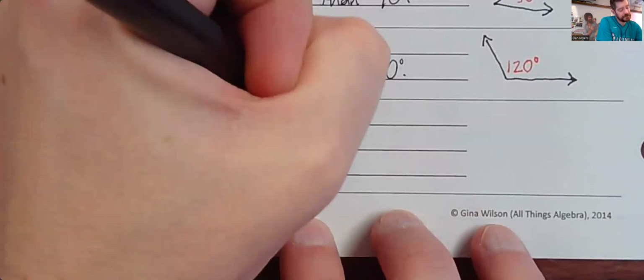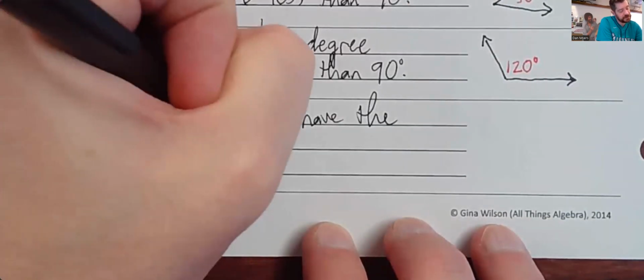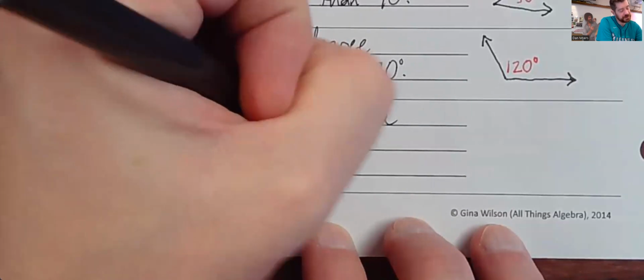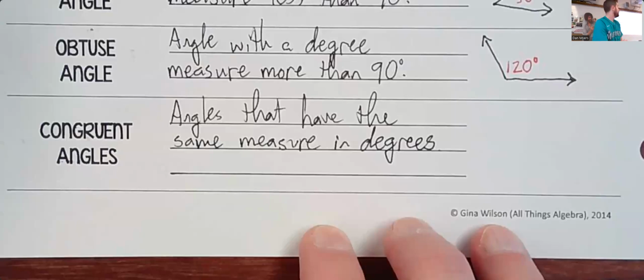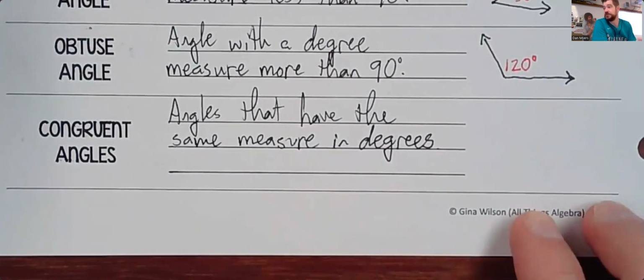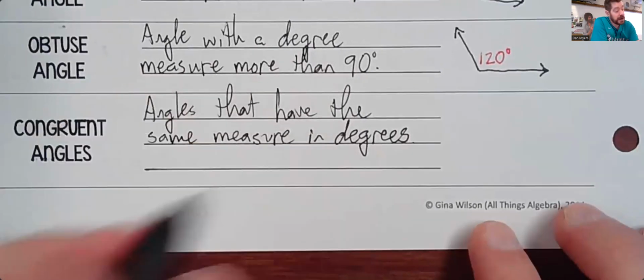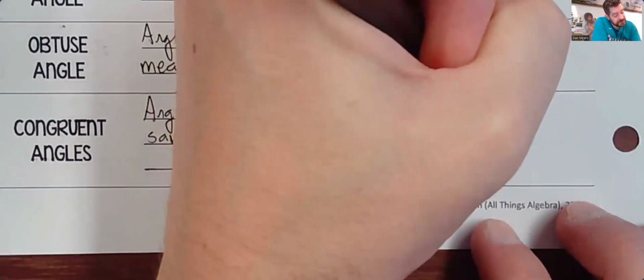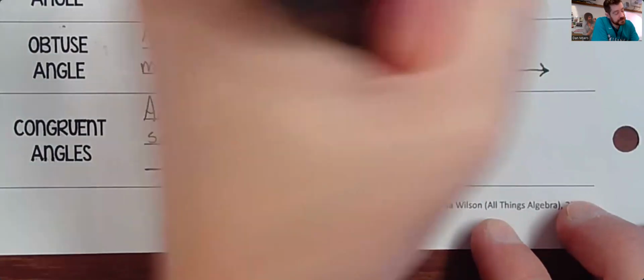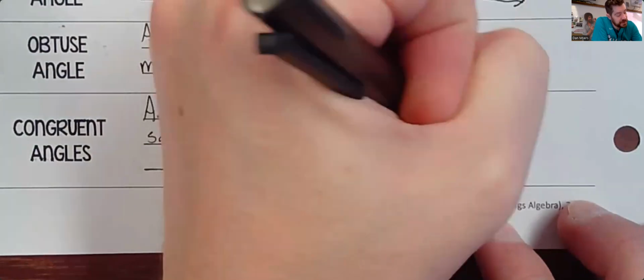I'm going to be more specific in degrees. So for example, I'm going to have to squeeze some stuff in here. Let's say we've got this angle here, and we'll call this one angle ABC.